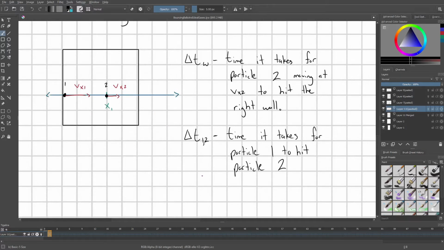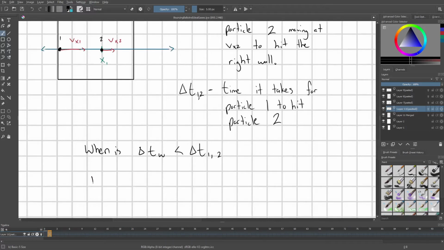So the key thing that we need to figure out here is, when is delta tw less than delta t12? If this is the case, then 2 collisions happen.